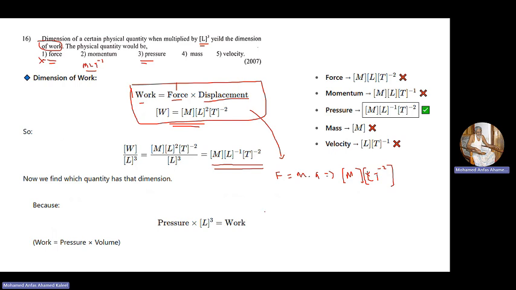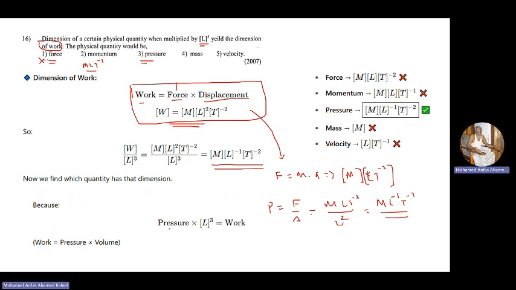Yes, pressure is equal to force over area. Force is M L T minus 2 over L squared. It means M L minus 1 T minus 2.